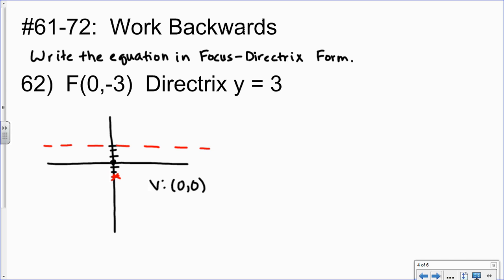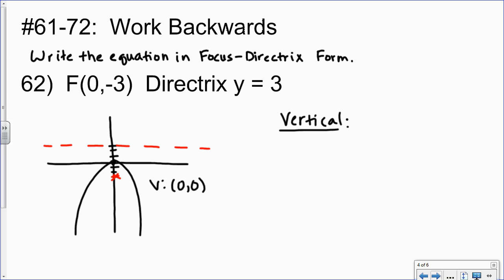Which way will this parabola open? Down. Your focus has to be inside, and it can't cross the directrix. So your parabola has to open like this. So it's vertical. I'll go ahead and write it in shifted form, but since it's just 0, 0, I'll be able to condense it.